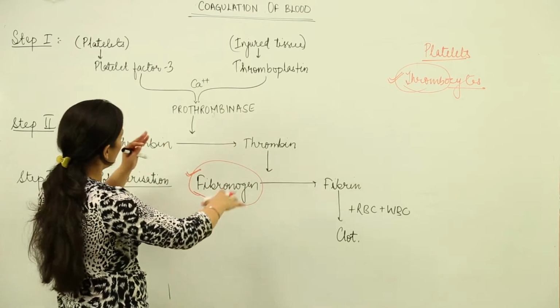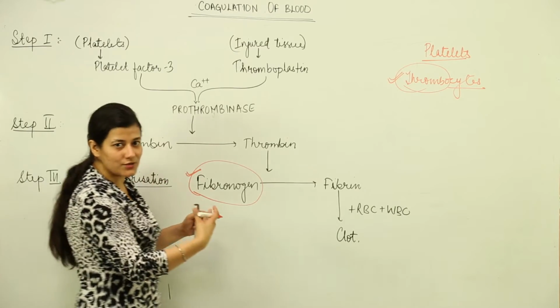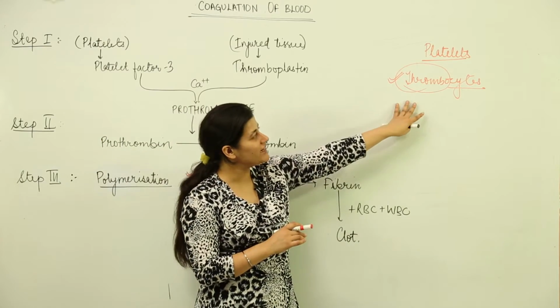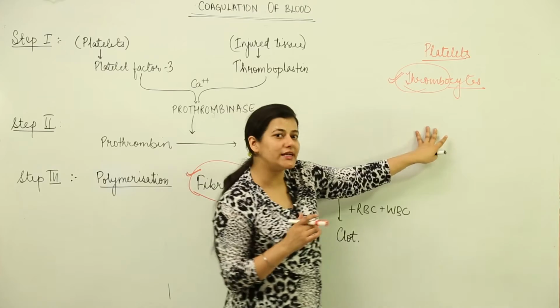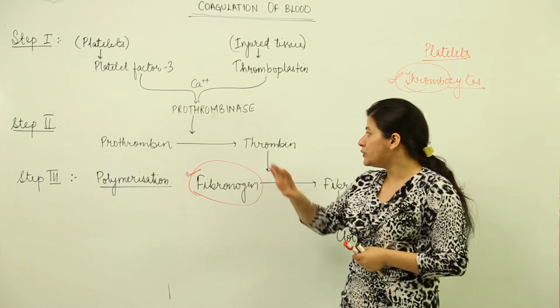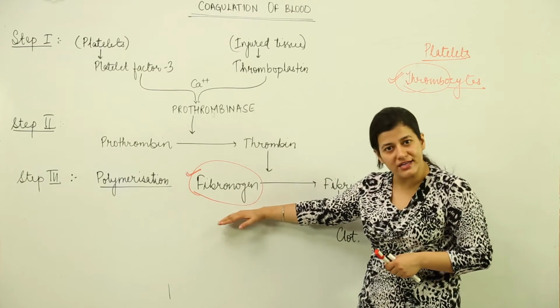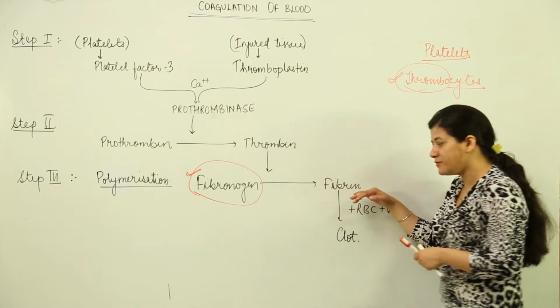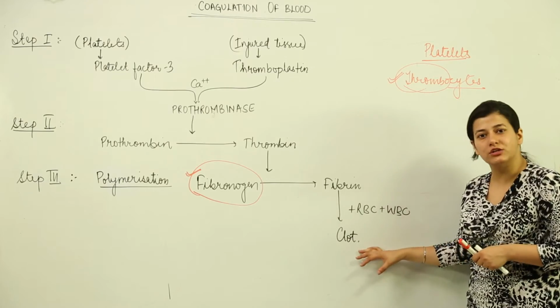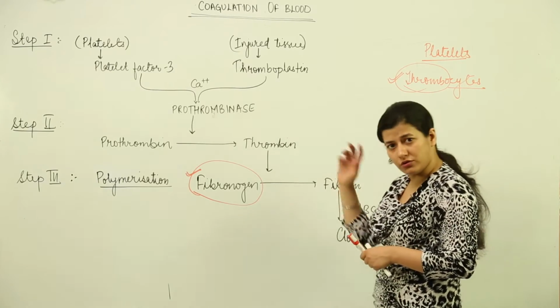There is a lot of thrombo work going on. That is why we name platelets as thrombocytes, because basically thrombin is a protein which is responsible for the polymerization of a plasma protein which forms a fibrous meshwork, and that forms the clot. That might have gone quite over the top.